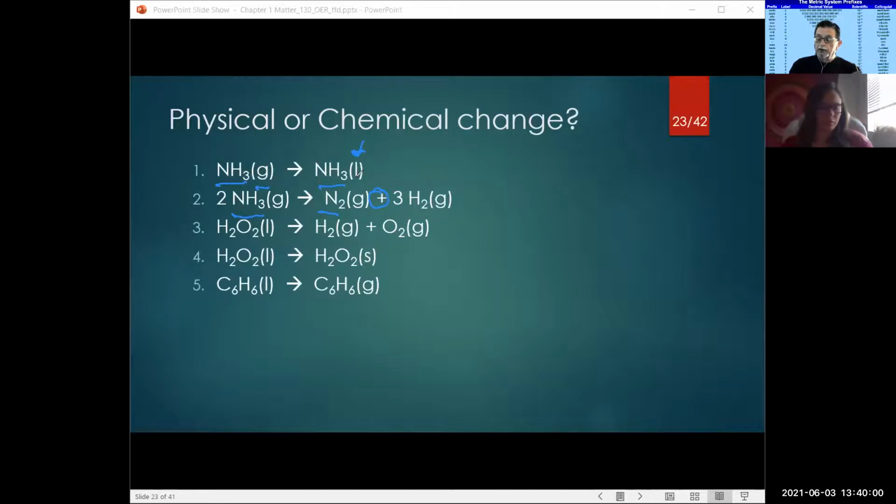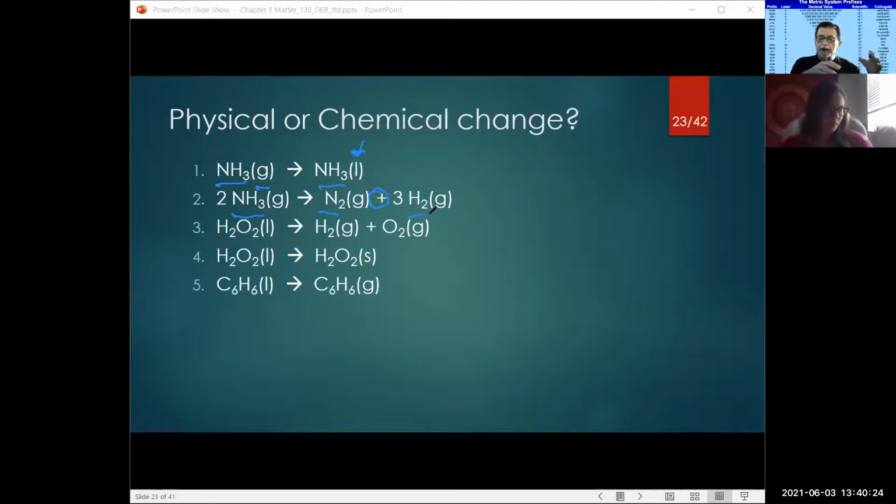Nitrogen is another one. All we got to do is learn 5 more. And then let me give you another diatomic element, H2. So now you learn 3 of the 7 diatomic elements: chlorine, nitrogen, and hydrogen. So all we got to deal with is 4 more, and we'll get to that.